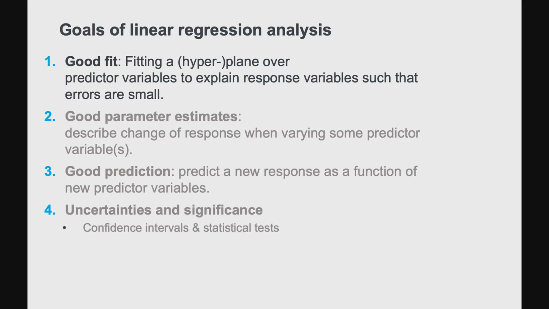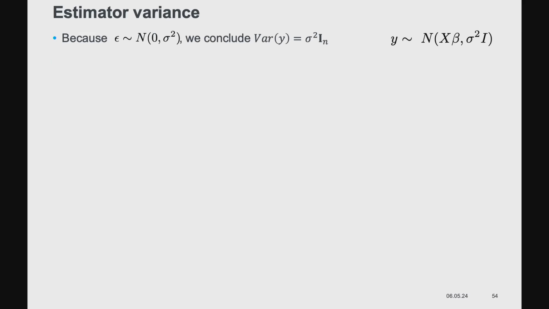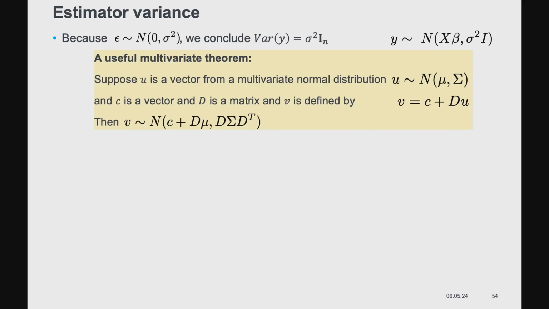By the way, if we fit a plane or a hyperplane, just like the generalization into higher dimensional space, then we estimate the variance. The noise is supposed to be normally distributed, and therefore, of course, y will have the same distribution. We said this already.